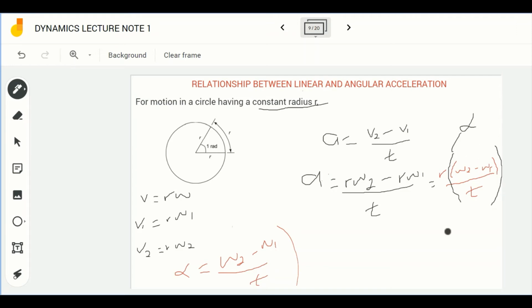So therefore, I can say that my linear acceleration A is equal to R times angular acceleration. Here is a formula that connects linear acceleration to angular acceleration.